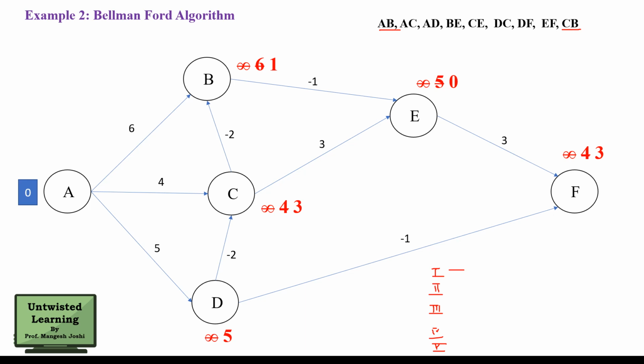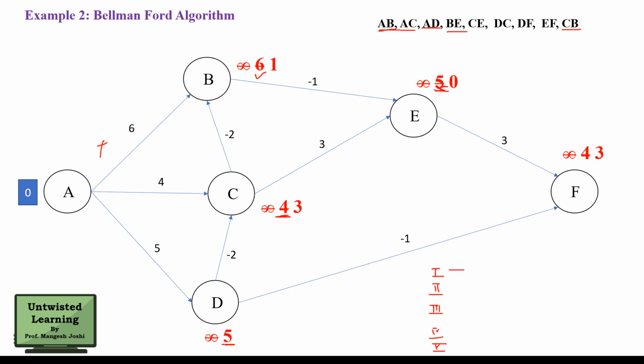Let us start the first iteration, that is, first AB. A to B, 0 plus 6, so infinity is cancelled and 6 is written here. Similarly, AC, 0 plus 4, 4 is written. AD, 0 plus 5, 5 is written. Then BE, 6 minus 1 is 5.